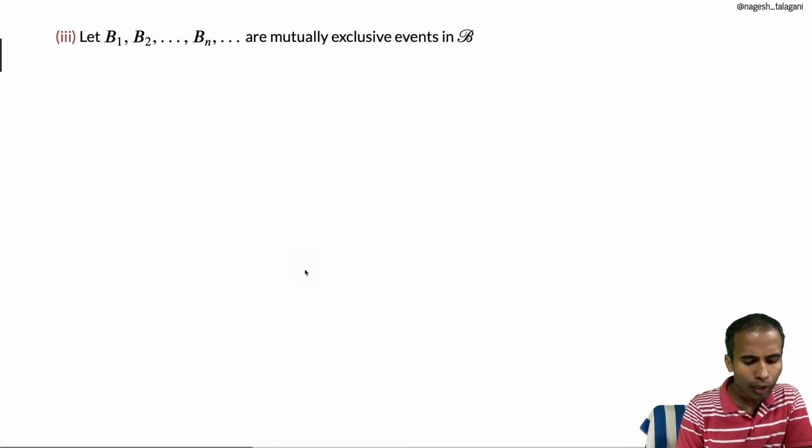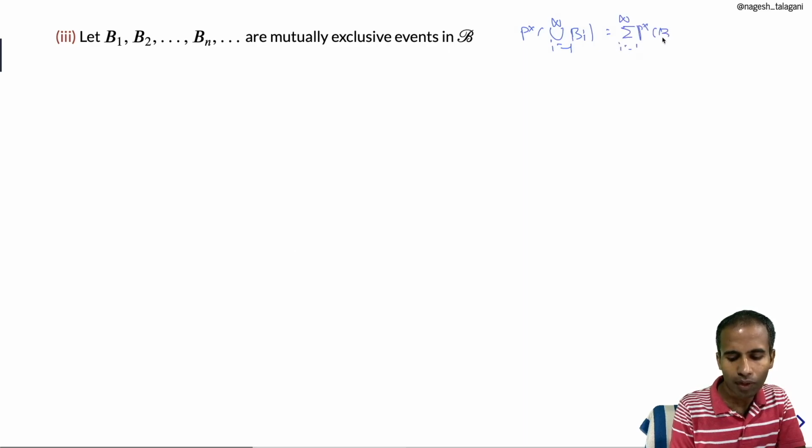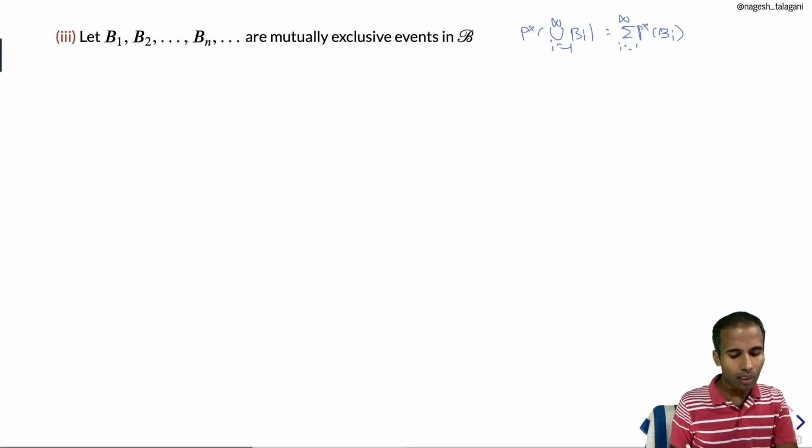Let B1, B2, and so on, Bn be a countable collection of mutually exclusive events in script B. Then we need to show that Px of the union i equals 1 to infinity of Bi equals the summation i equals 1 to infinity of Px of Bi to verify axiom 3. So let's start with the left hand side.